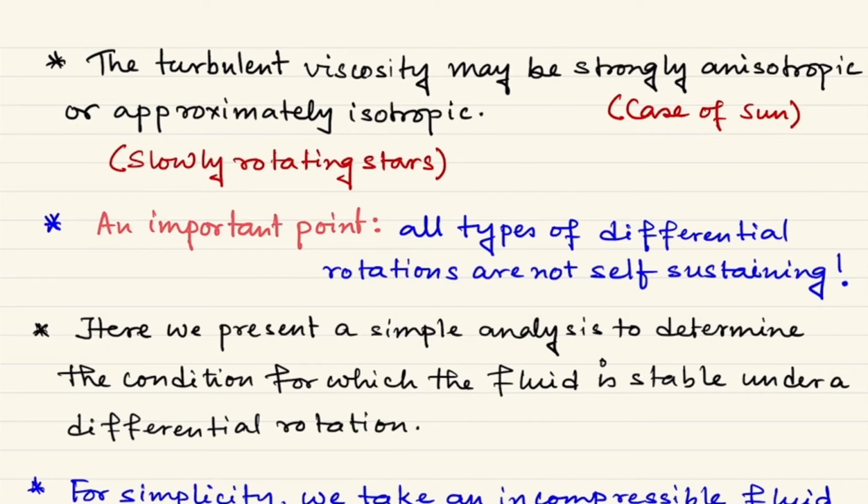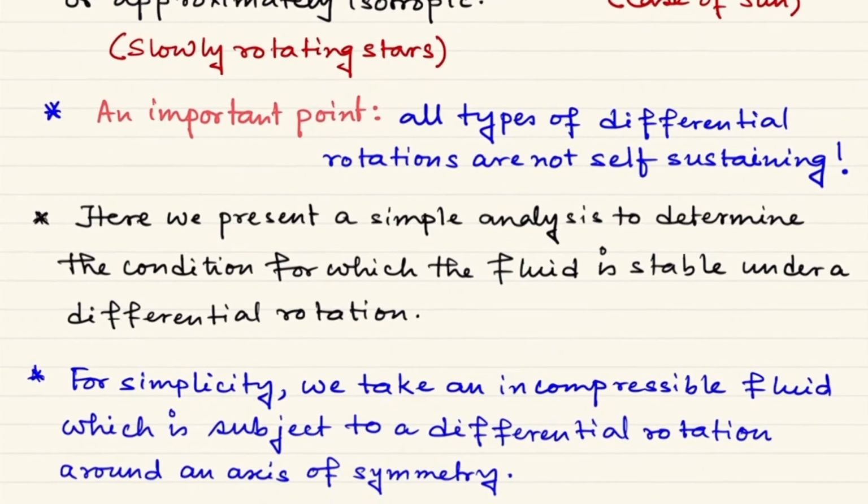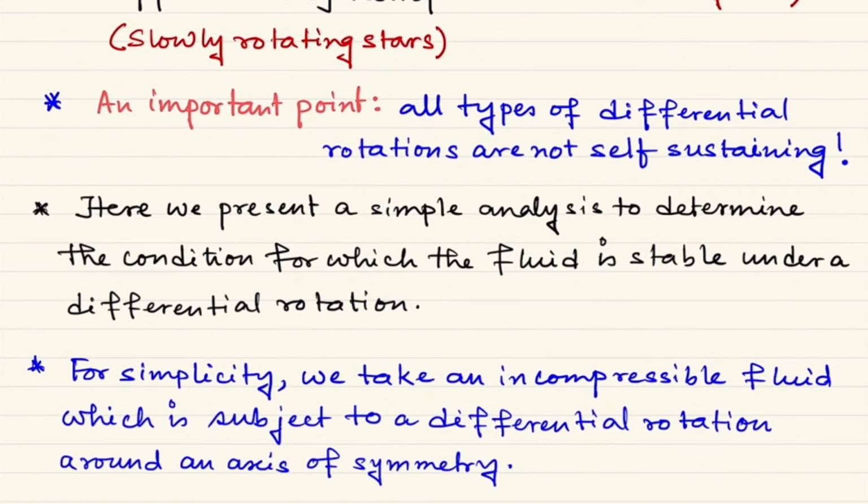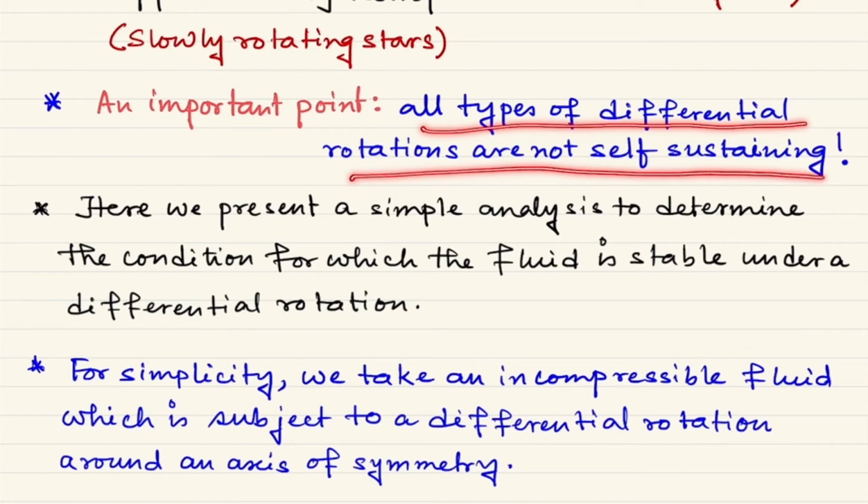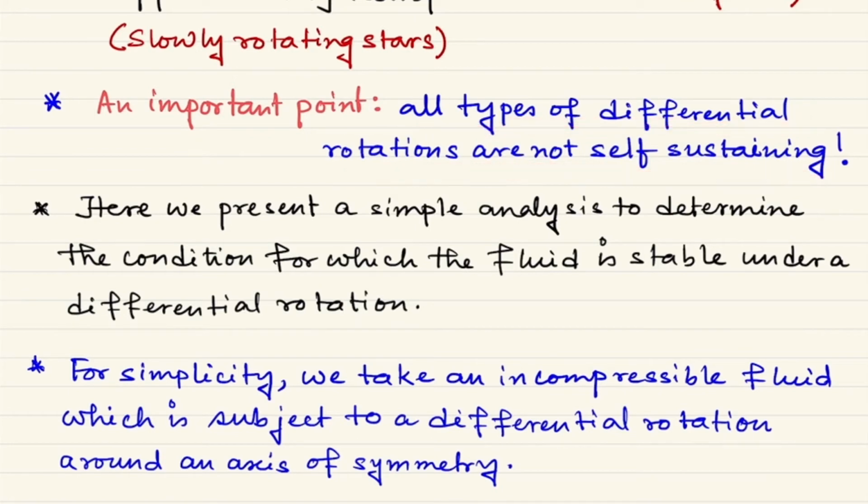Now, there is a very important point. All types of differential rotations are not self-sustaining. Okay. And what is the reason for that? Well, it depends on the dynamics and the structure of the system.